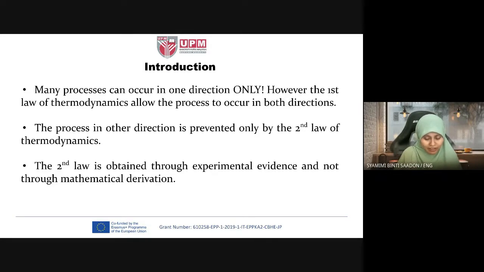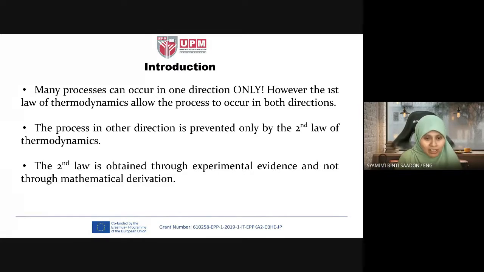But in reality, a lot of processes can only occur in one direction. That's why we need this second law to prevent the impossible. The process in the other direction is prevented only by the second law of thermodynamics. So this second law will indicate whether the process is irreversible or not, whether it can be done in the opposite direction or not.